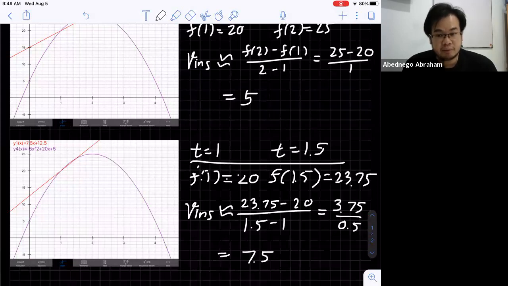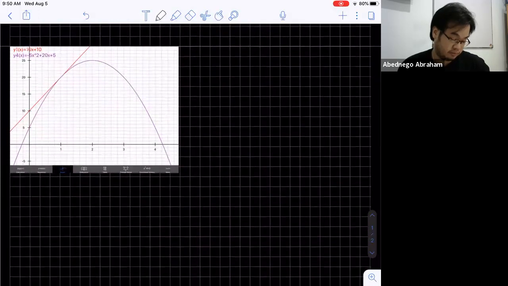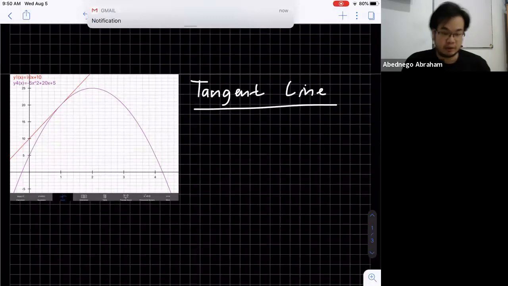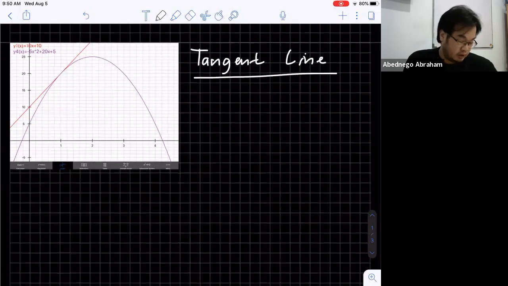In that case, by the definition you have learned in previous years of math class, when you have a graph and a line, and that line only intersects the graph at one point, it is called a tangent line.